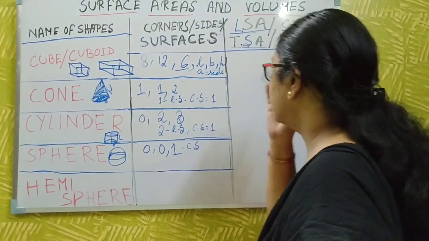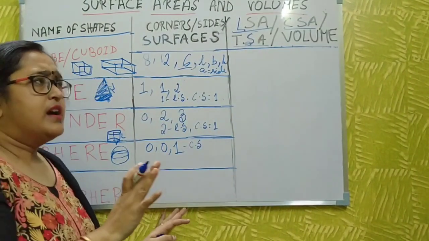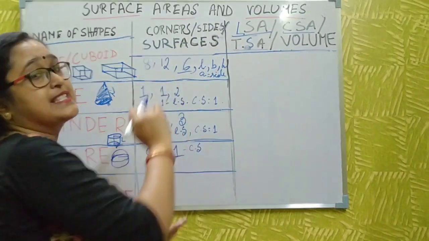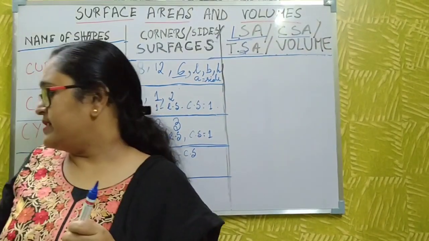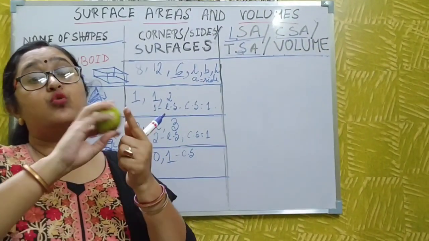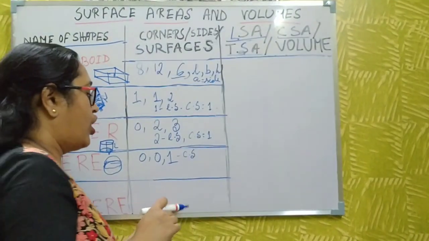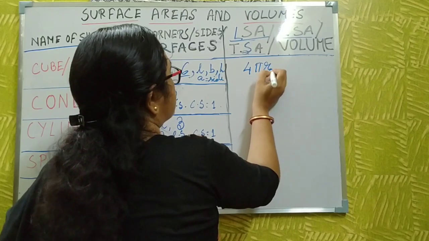Now I discuss about the formulas. Here there is no curved surface area, no lateral surface area, only total surface area. Okay, the total surface area of sphere is 4 pi r square.